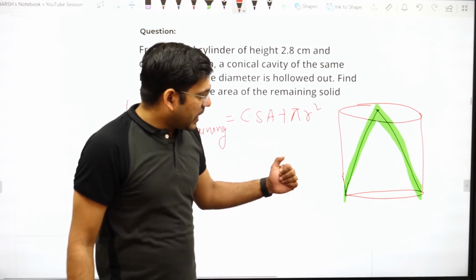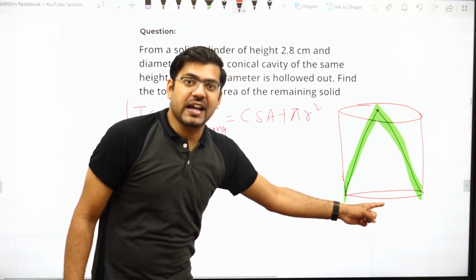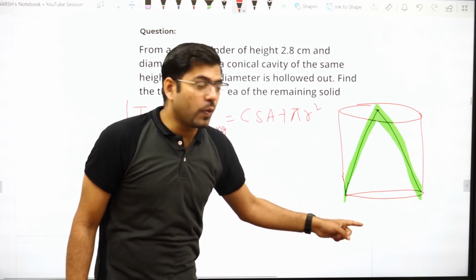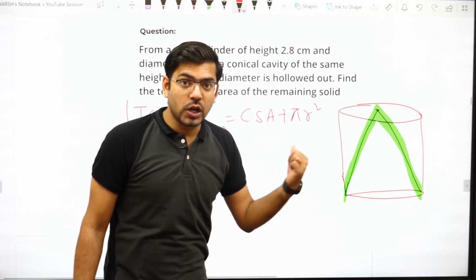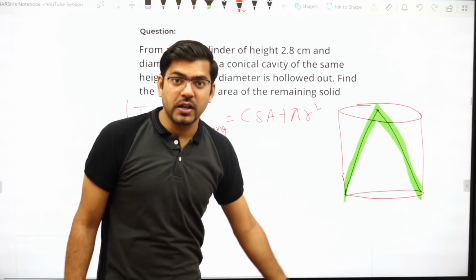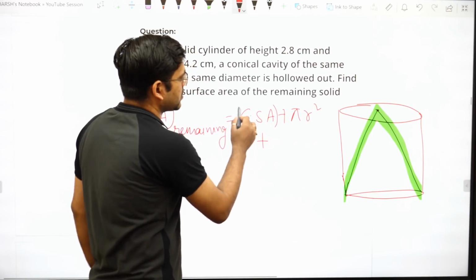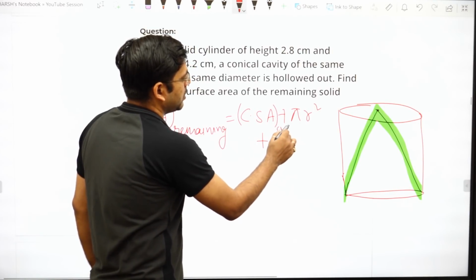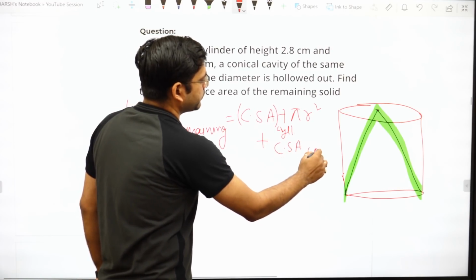Now the portion, this green portion, this would be visible. Now this portion has an area equal to the curved surface area of this cone, and the cone has the same radius and same height. So I'll write curved surface area of cylinder, and plus curved surface area of cone.